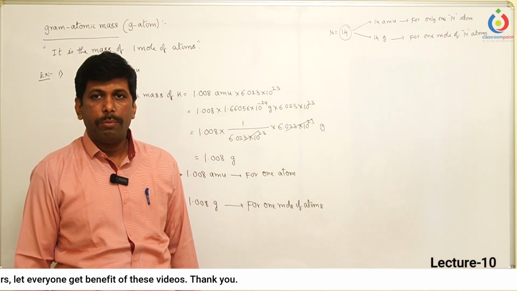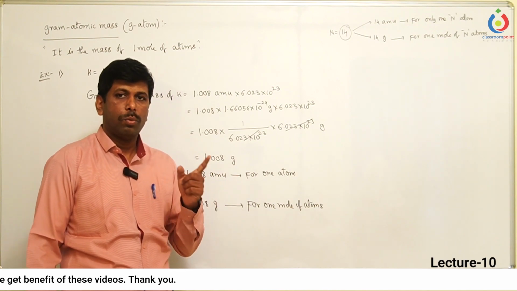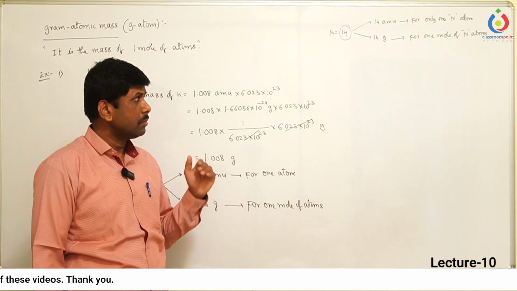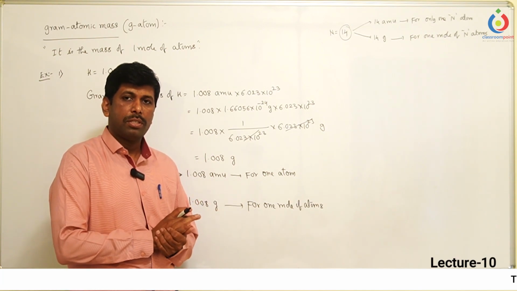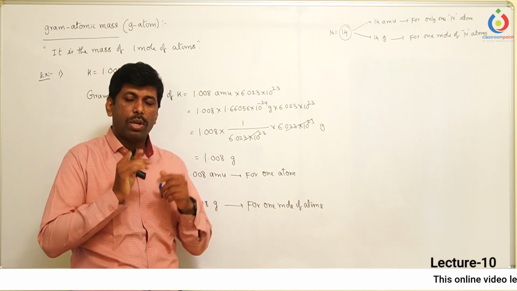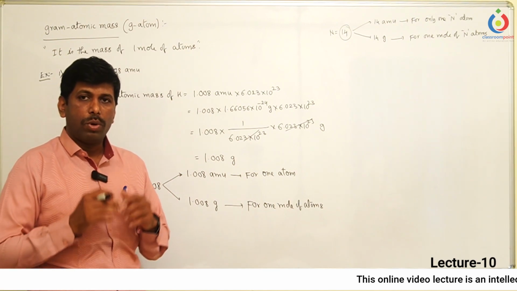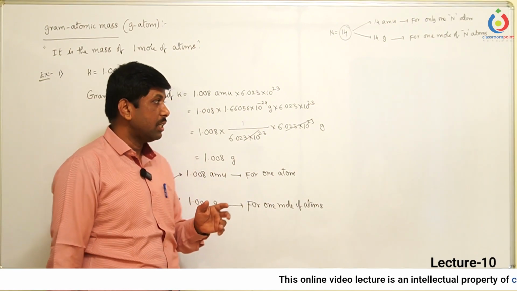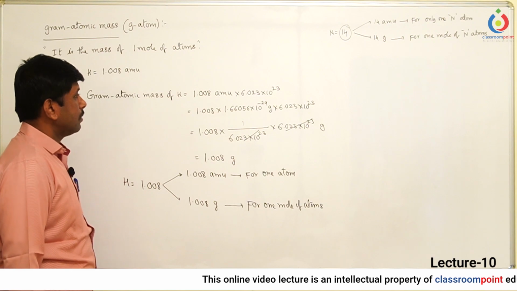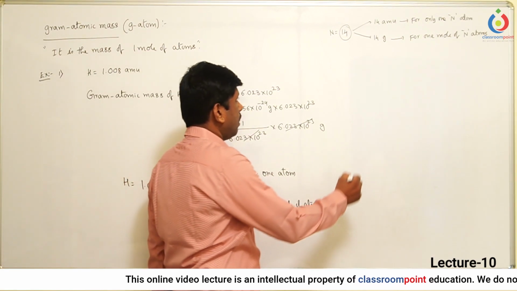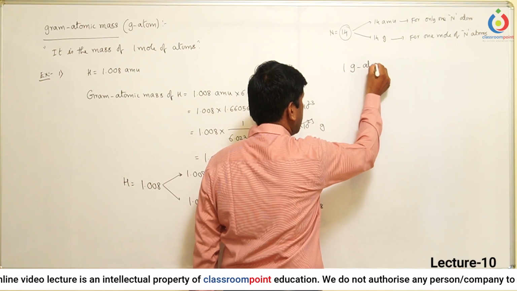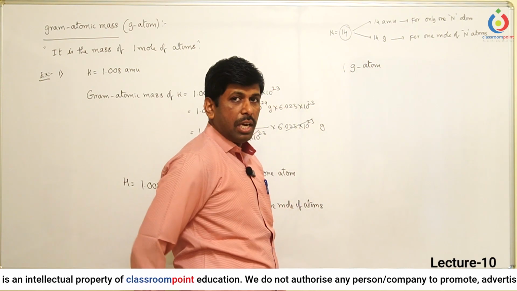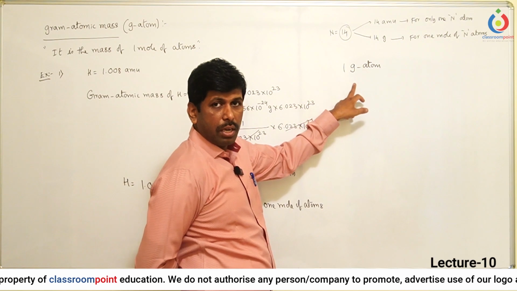Once you use AMU, we are discussing only one atom or a single atom. But whenever you place only grams, we are discussing 1 mole of atoms. Usually for 1 mole of atoms, the mass is called the gram atomic mass. So 1 gram atomic mass or 1 gram atom is not 1 gram.